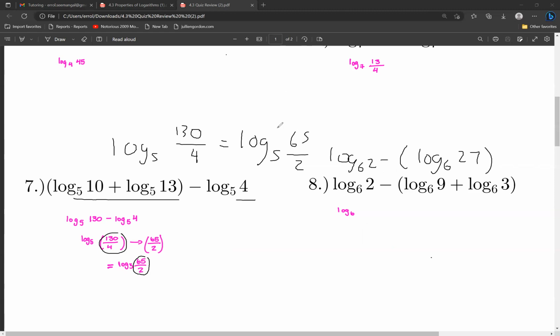So if you just divide 2 and 27. Log 6, is it 27 over 2 or is it 2 over 27? It's going to be 2 over 27, like that.